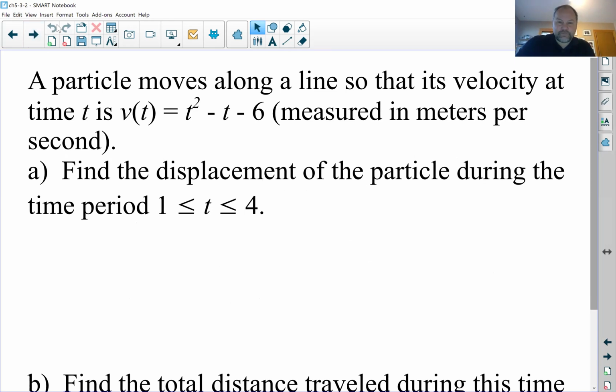So you're more likely to see an example like this. A particle moves along a line so that its velocity at time t is v of t is equal to t squared minus t minus 6, where we're measuring in meters per second. Find the displacement. This is another word for net change.